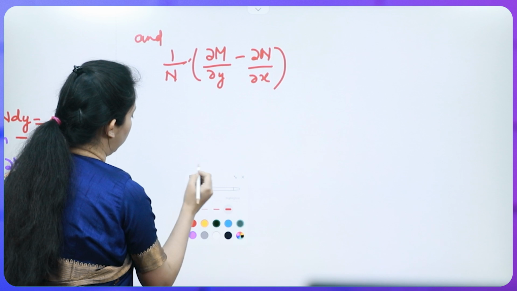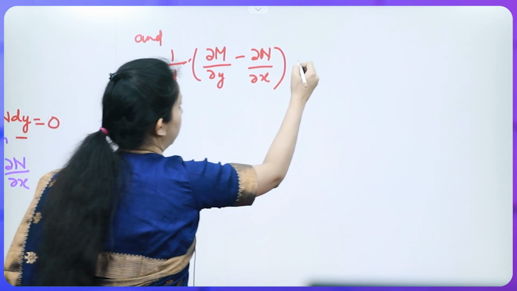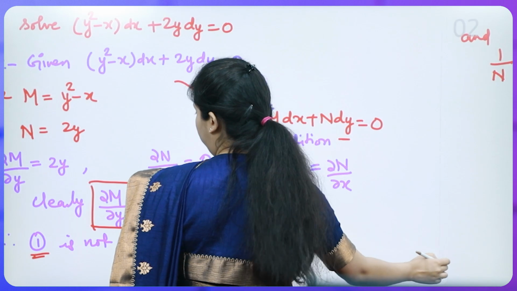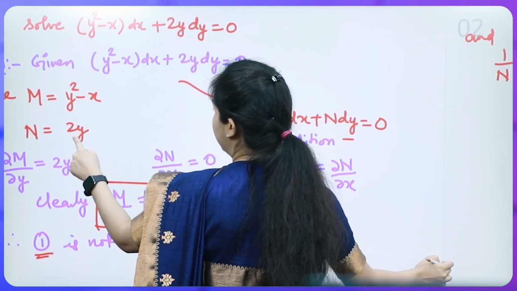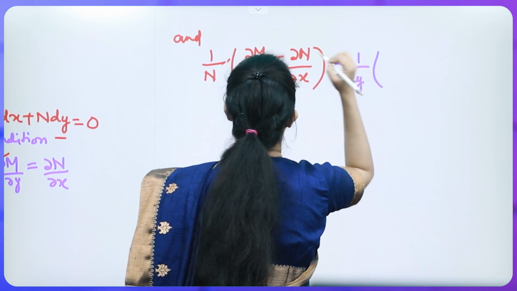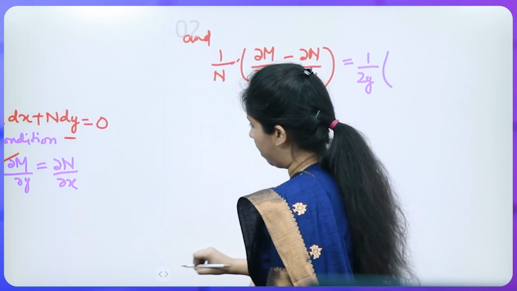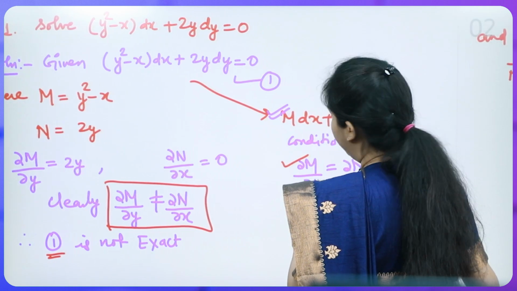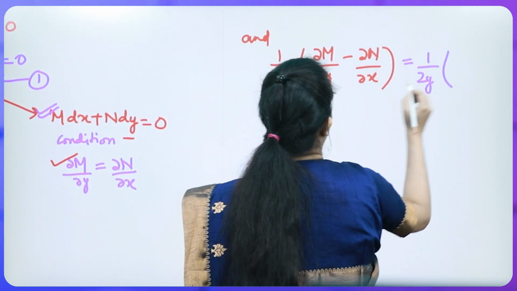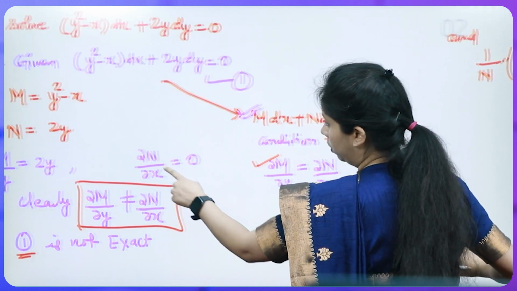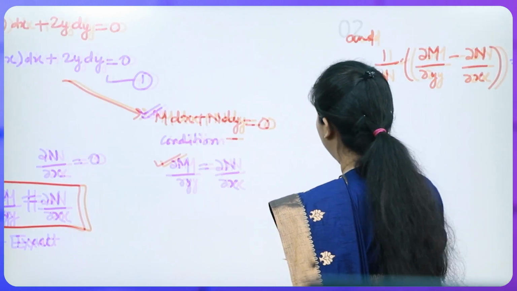Now we will substitute the values and see whether we are getting a function of x alone or not. 1 upon N here is 1 upon 2y, multiplied by del M upon del y, which is 2y again, minus del N upon del x, which is 0.